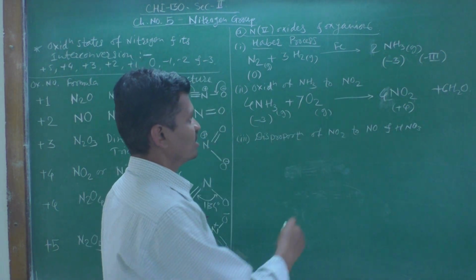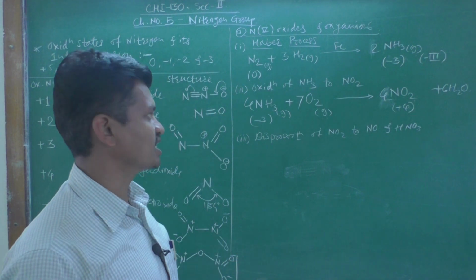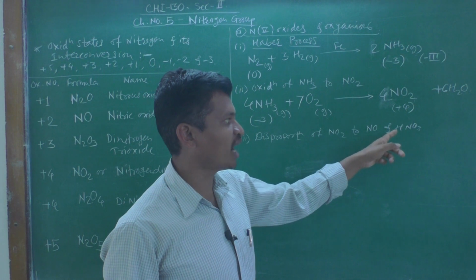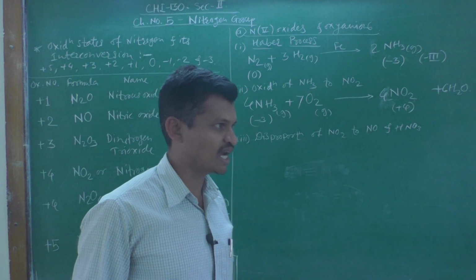Then this NO2, that is nitrogen dioxide, gets disproportionated. So, the next reaction is the disproportionation of NO2 to NO and HNO3. HNO3 is nitric acid and NO is nitric oxide.